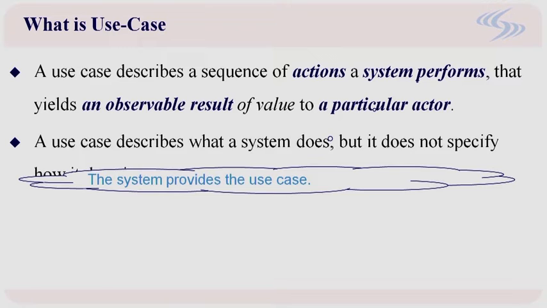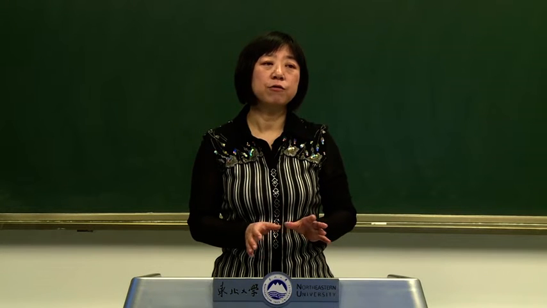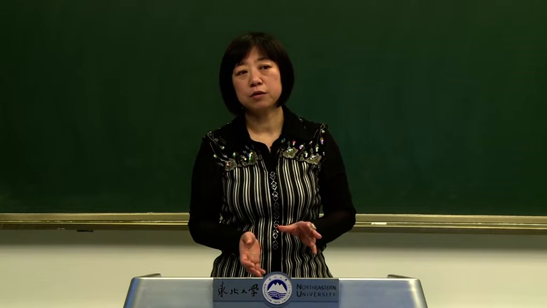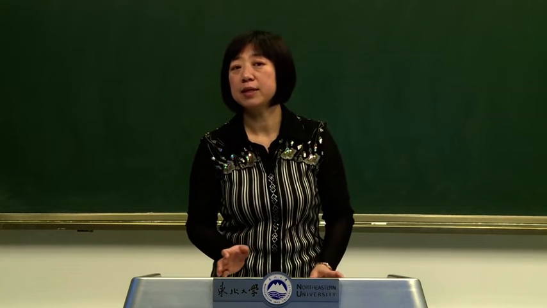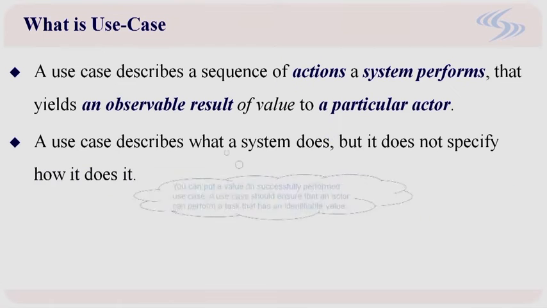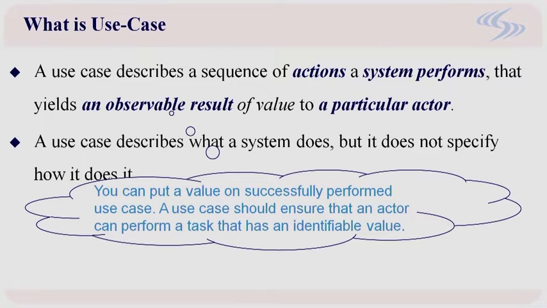A system performed, that means the target system will provide the use case. So that means the implementation of the fulfillment of the use case will just take place within the system. And you can put a value on a successfully performed use case.